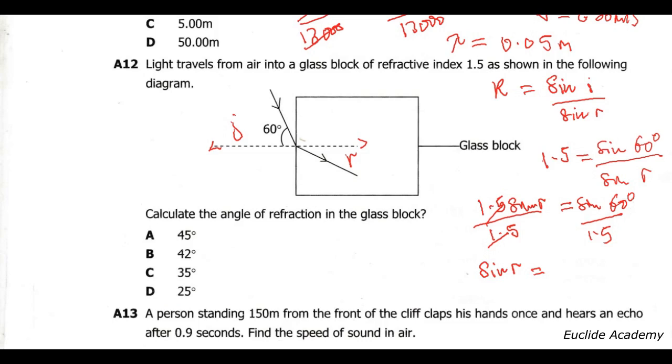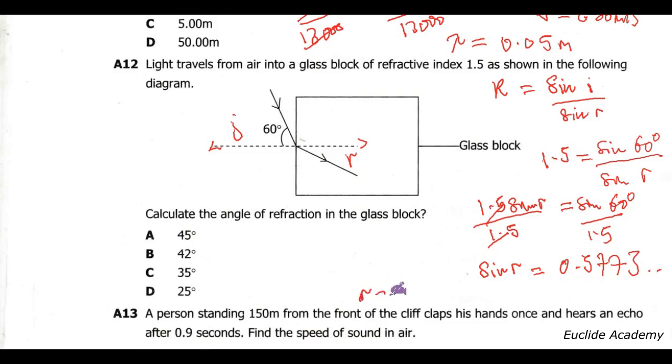So you can say sine of 60 on your calculator. So we get something like sine R is equal to 0.5773 and some values that is on your calculator. Then we find the inverse of this.